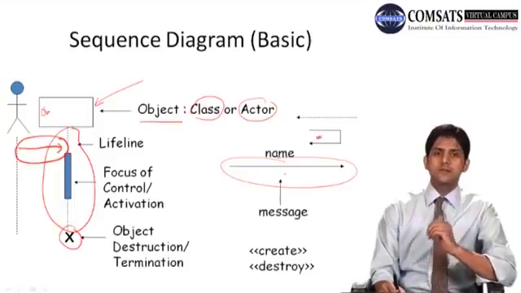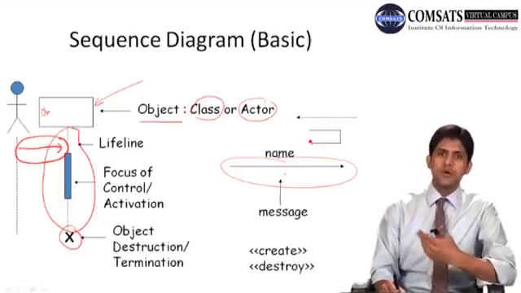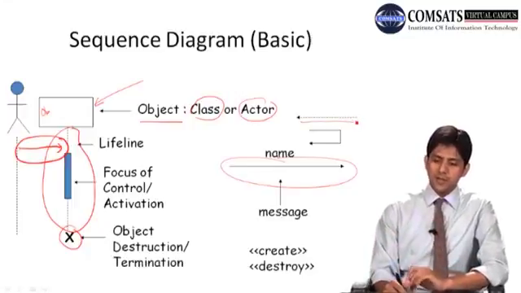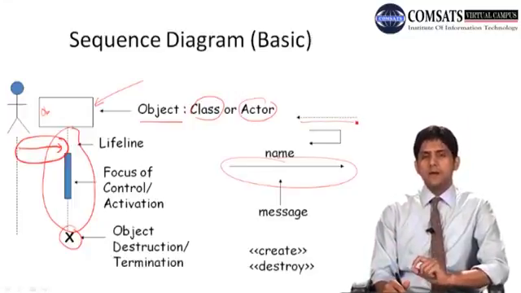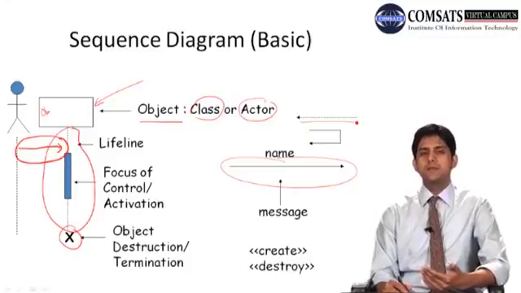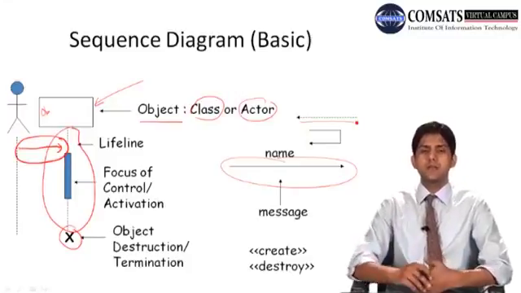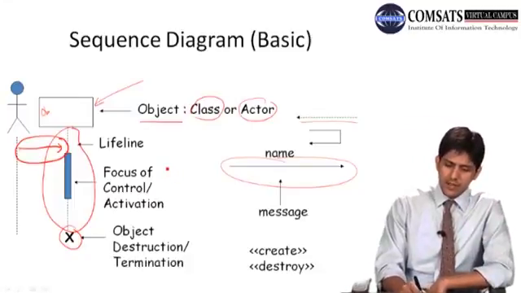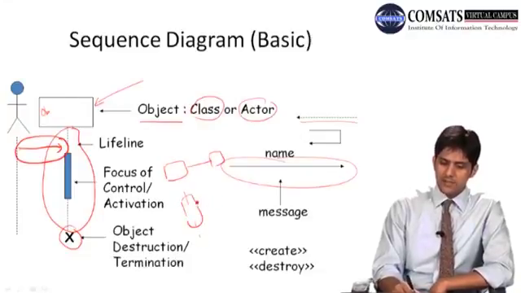And then there is a concept of return messages, which is normally represented by this dashed arrow coming back from an object. But normally, for the obvious kind of return messages, we do not do this. For example, if there are two objects, and from this class we send a message to this particular class asking for get total.